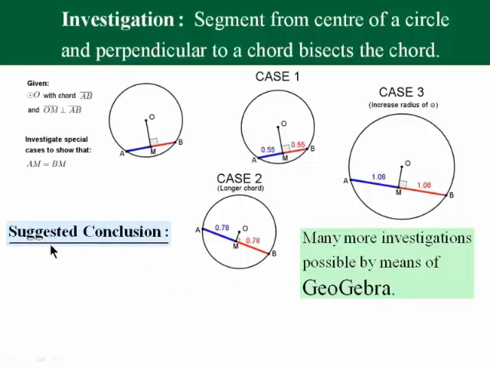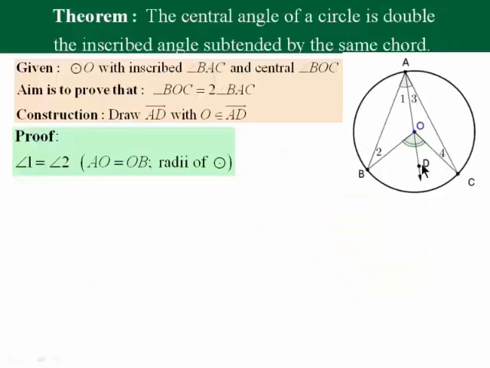So we make the suggested conclusion, namely, given a circle with center O and angles 1, 2, 3 and 4 as indicated here, then clearly in triangle AOB angles 1 and 2 must be equal, because AO and BO are both radii of the circle.